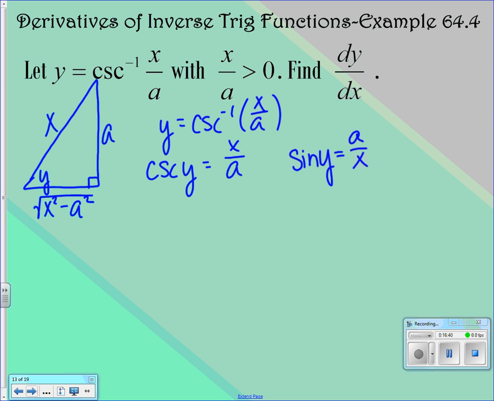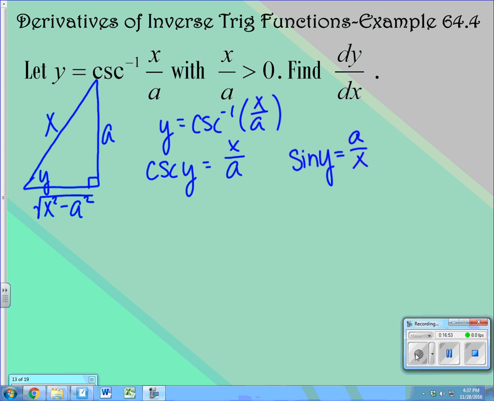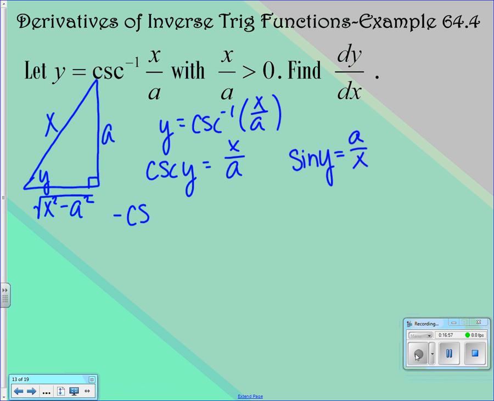And so we are going to take the differential of cosecant y. So the differential is going to be negative cosecant y, tangent y, dy, and then 1 over a dx.